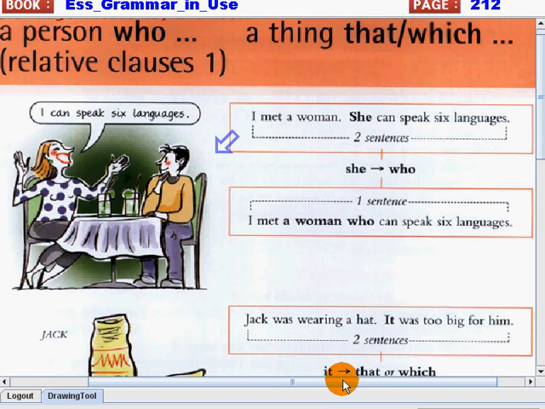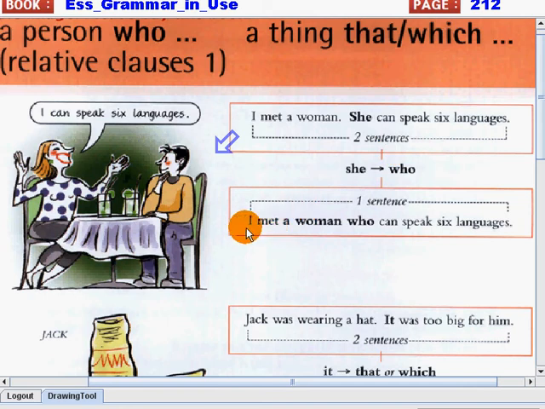Let's discuss this further. Let's have the first sentence. I met a woman. She can speak 6 languages. Okay. These two sentences, we're going to make them one.